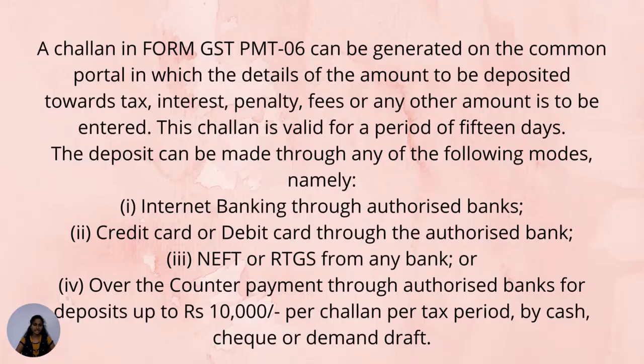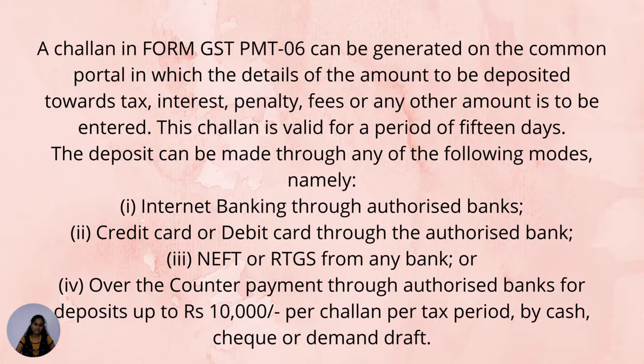Electronic cash ledgers shall be maintained in form GST PMT 05. A challan in form GST PMT 06 can be generated on the common portal, in which the details of the amount to be deposited towards tax, interest, penalty, fees, or any other amount are to be entered. This challan is valid for a period of 15 days.